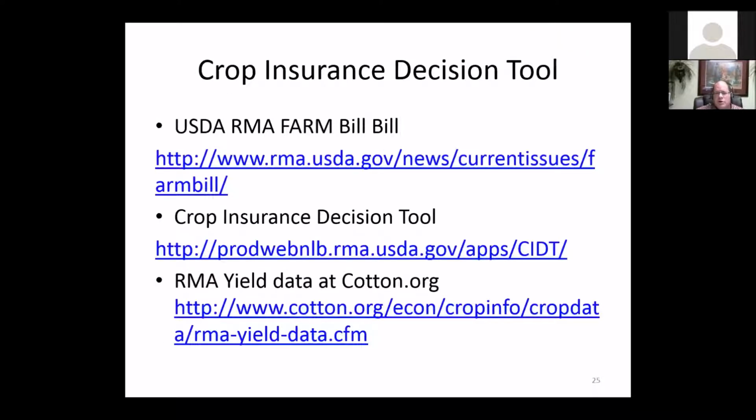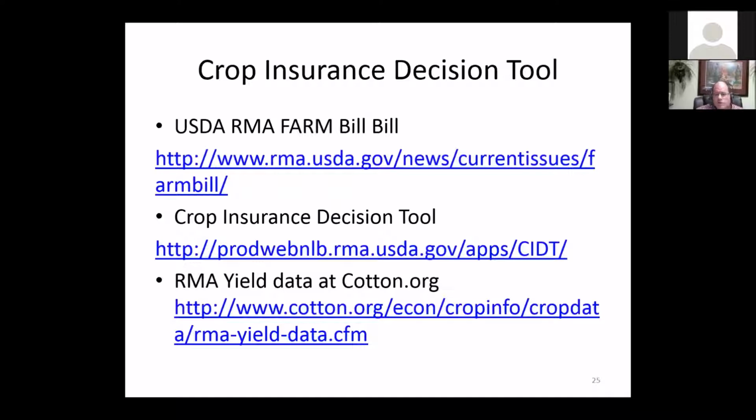All right, let's look quickly at some crop insurance decision tools. I'm just going to leave these websites up here to look at. I'm not going to go to them, but there is USDA's RMA Farm Bill website. The crop insurance decision tool can help you calculate the premium for STAX and is a tool you can use in making this insurance decision.